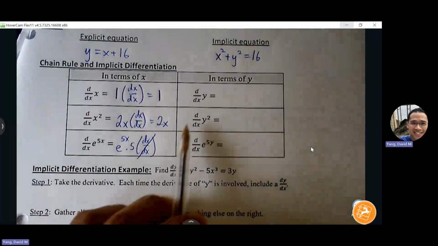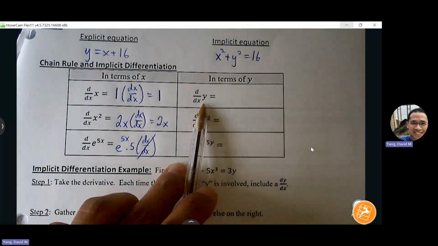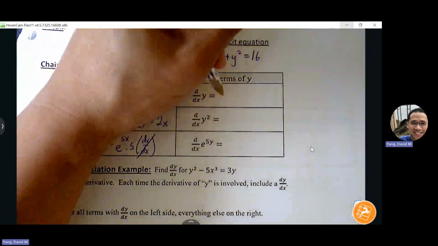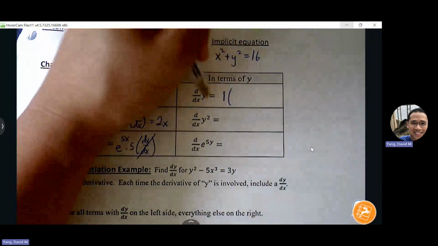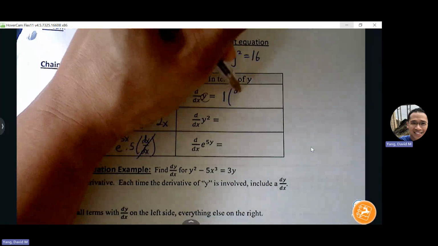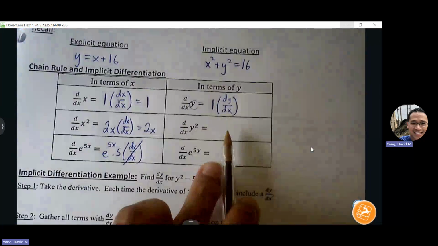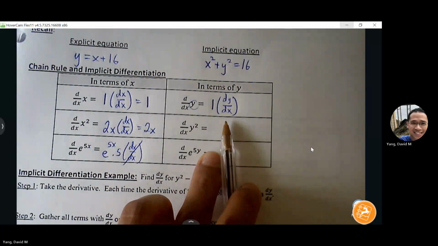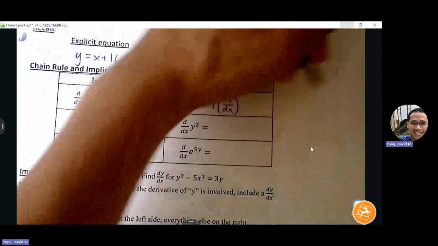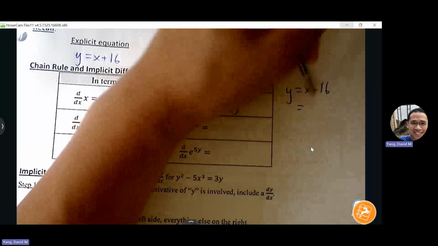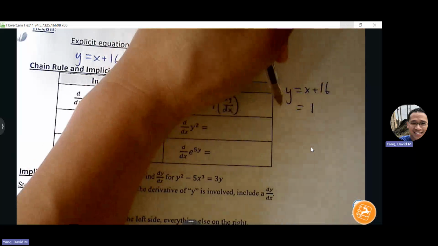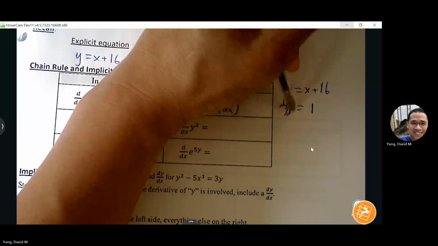But if I want to find the derivative of y, the derivative of y is 1, but I'm finding the derivative of a dependent variable with respect to x, and so a dy dx is going to pop up. Same thing, right? If I ask you what the derivative of y is equal to x plus 16, you would say the x becomes 1, and then y just becomes dy dx.